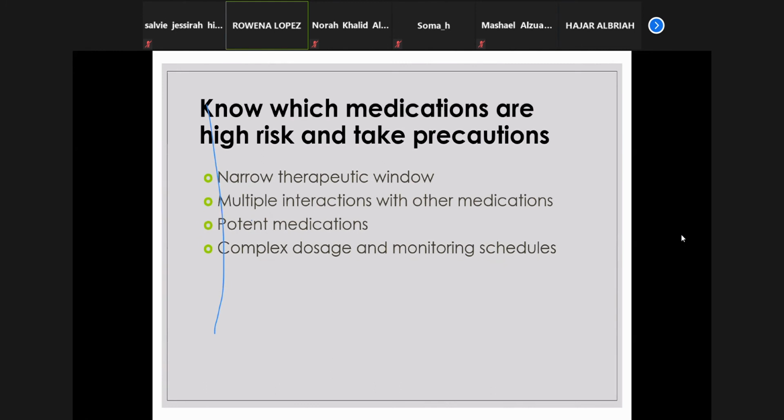So know which medications are high risk and take precautions. Narrow therapeutic window, multiple interactions with other medications. So you have drug-to-drug interaction. You have also food-drug interaction. Potent medications, complex dosage and monitoring schedules. Okay.